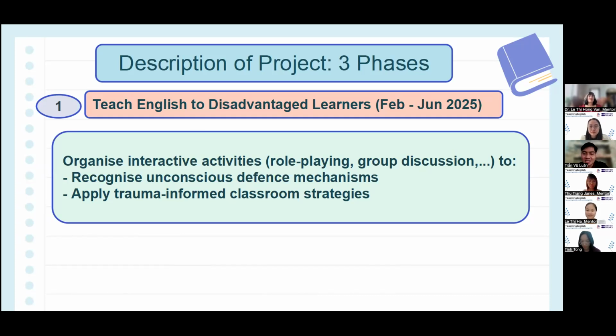So I will organize interactive activities like role-playing and group discussion to recognize unconscious defense mechanisms. And after recognizing unconscious defense mechanisms, I will apply trauma-informed classroom strategies to deal with their behavior.